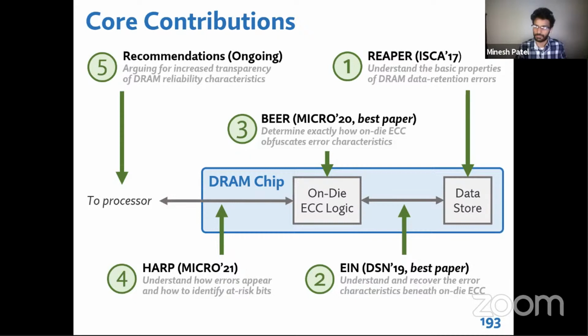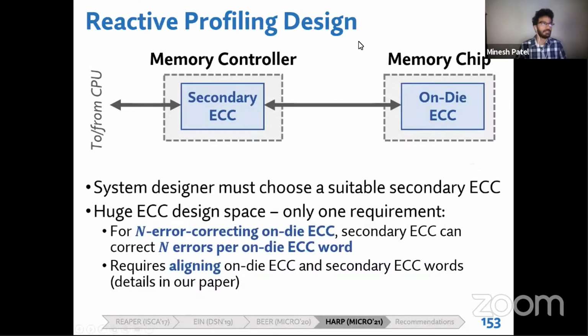But yeah, the short answer is that it should be able to correct the indirect errors, right? So that we ensure they don't propagate into the rest of the system. So in that sense, it should be as strong or greater than the on-die ECC. And this comes with a caveat because it needs to be at the granularity of the ECC word that on-die ECC uses, right?